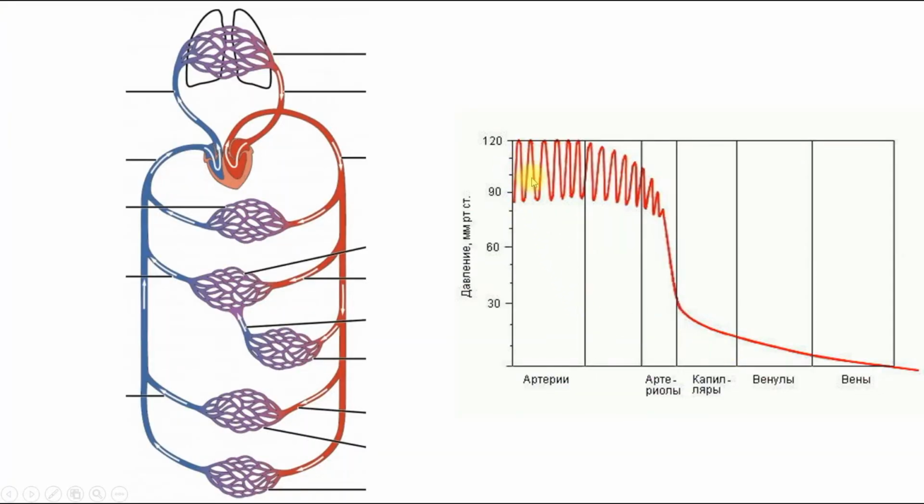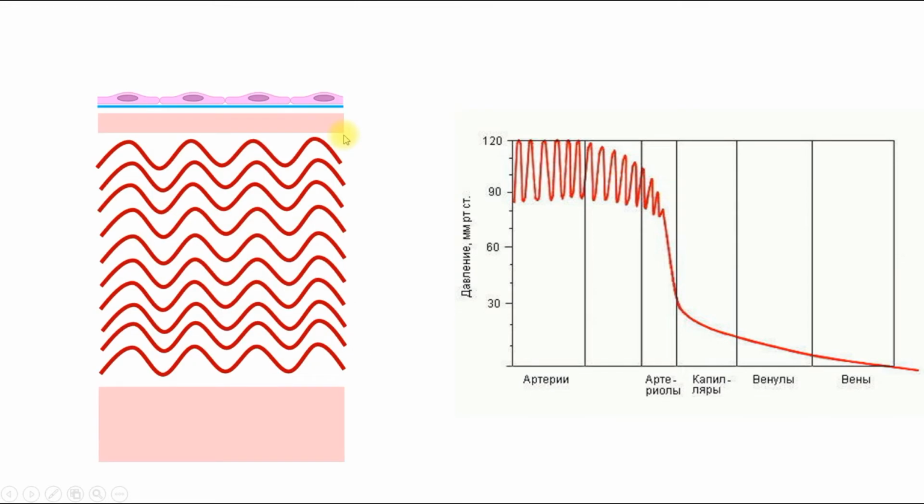And here we can see differences of arterial pressure in different blood vessels, and the biggest range of arterial pressure is present in the aorta, and this elasticity of the aorta reduces those pulse waves and helps to maintain the same arterial pressure and prevents breaking of the arteries.